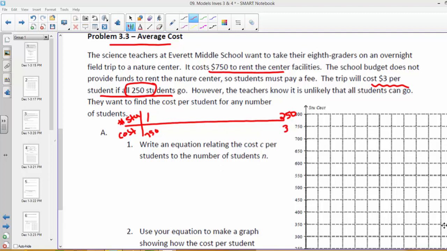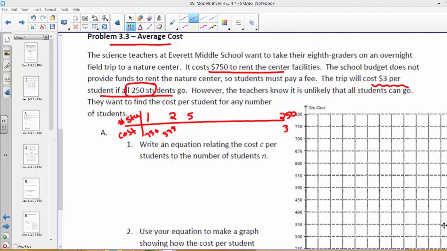You could put in a 2 if you want. If 2 people go, it will be $375 each. You could count by a bigger number, like if 5 people go.